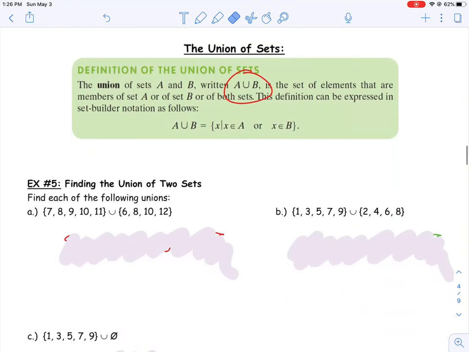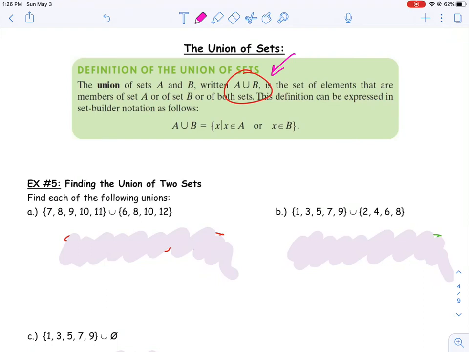All right, the next idea we're going to talk about is what we call the union of a set. So we just got done talking about intersection, where they overlap. But now let's talk about union, which uses this symbol right here. So now this looks more like a U instead of an upside down U. Union means the elements that are in set A or in set B. So you kind of put it all together.